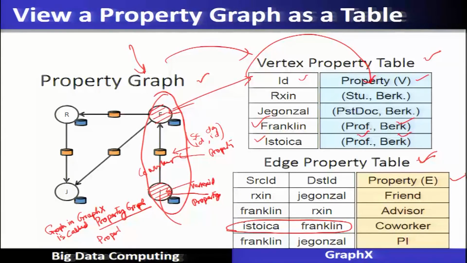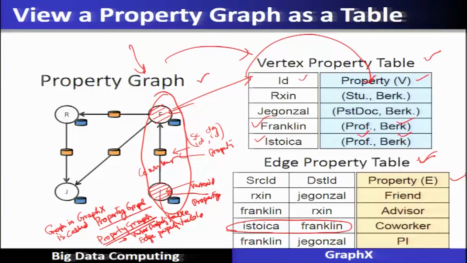A property graph can be represented in the form of tables, which are called the vertex property table and the edge property table.